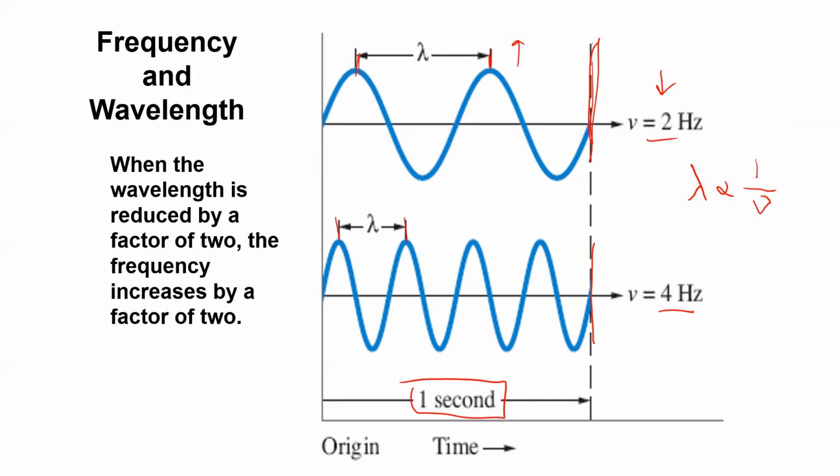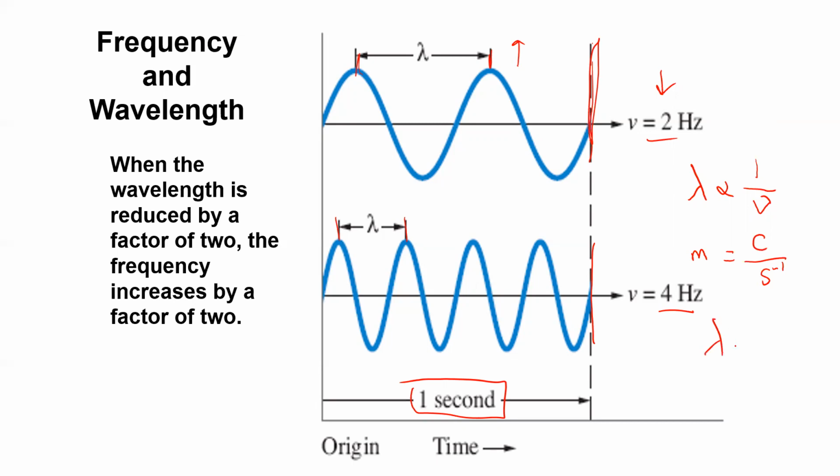So how do we make this proportionality equal? We need a proportionality constant. We need a constant that can convert wavelength, which is meters, and these per seconds into each other. So what can we use? Well, we can use the constant speed of light. Now, why would we use that?